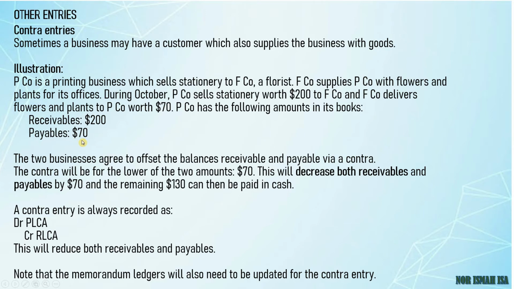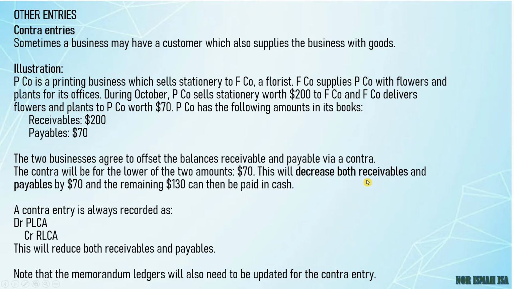As payable, the balance is $70. So the two businesses agree to offset the balances receivable and payable via contra. Then the contra will be for the lower of the two amounts, which is $70. So in order to do contra, you must take the lower amount.